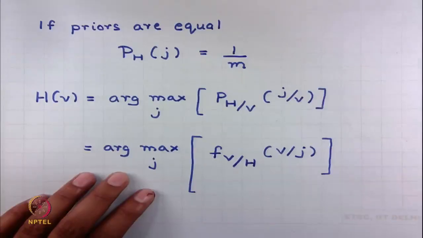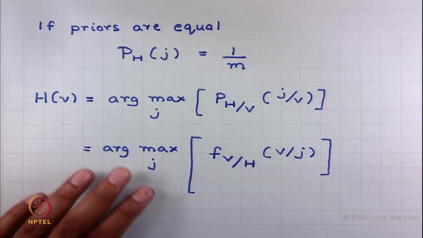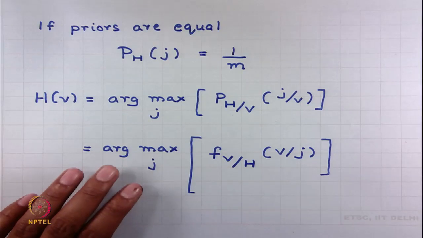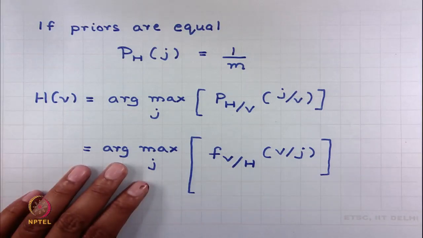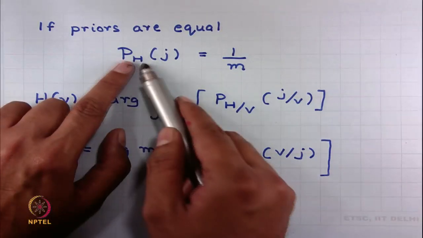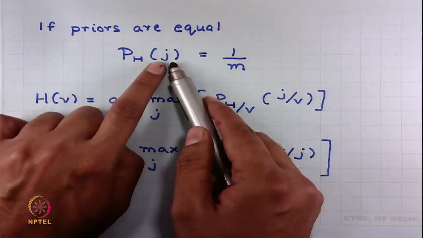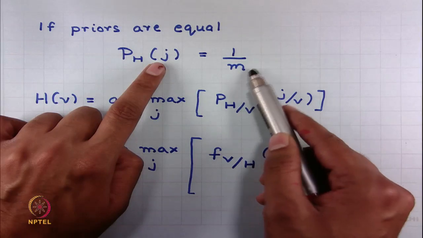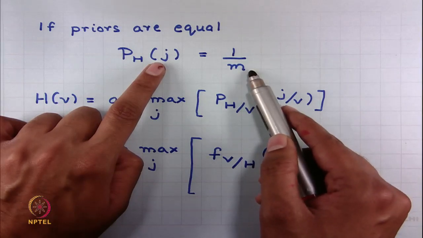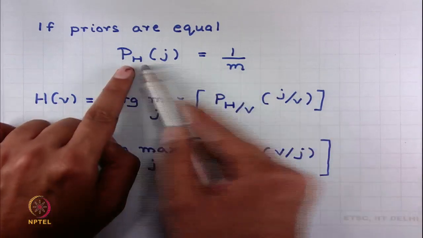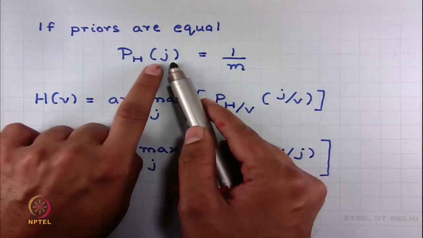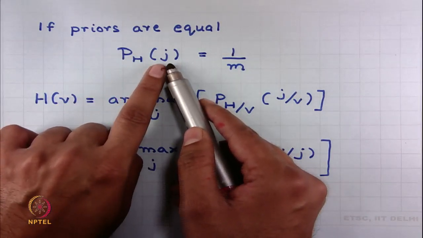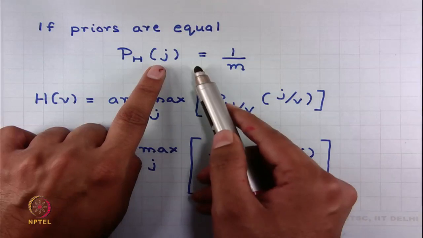Or we say that if priors are equal, meaning the a priori probabilities are equal, then the probability of hypothesis h being j is 1 by m, where m is the number of hypotheses, and this a priori probability also does not remain a function of j, it becomes independent of j.